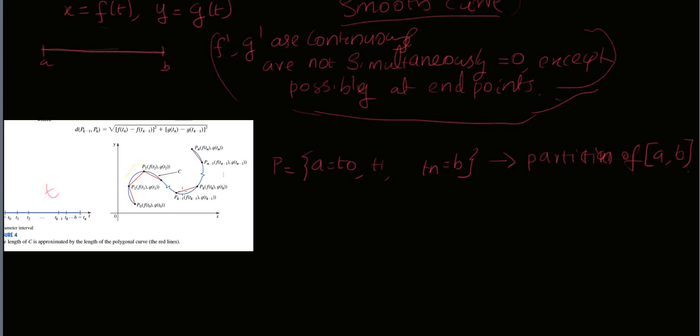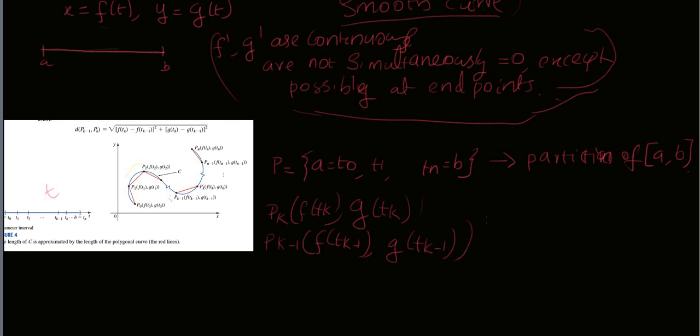This is the length of this curve piece, from P(k minus 1) to Pk. This is a straight line. How will you find the distance between these two points? Pk is the point f of tk, g of tk, and P(k minus 1) is f of t(k minus 1), g of t(k minus 1).